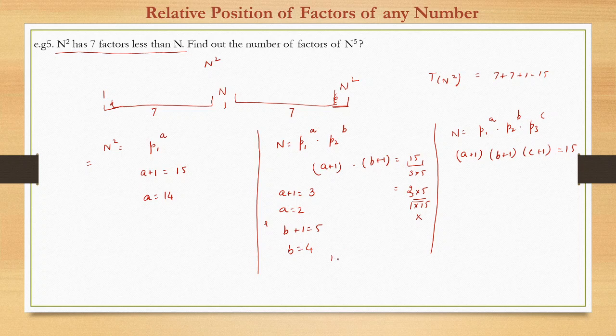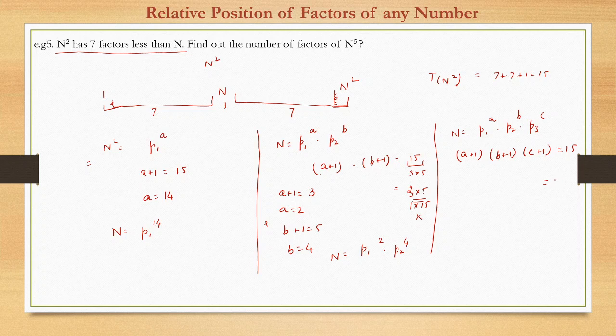So the number here becomes p1 raised to power 2 into p2 raised to power 4, and here the number was p1 raised to power 14. Now see here, this is a product of three different numbers. So can 15 be written as three different numbers?